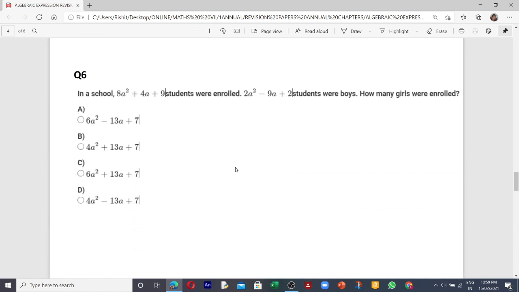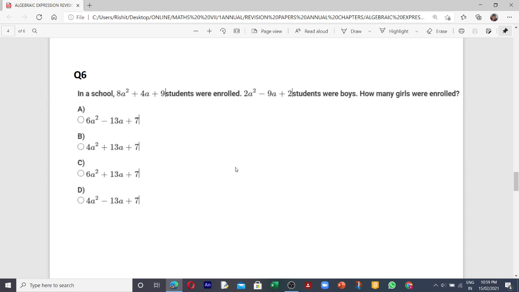Question number 6. In a school, 8a square plus 4a plus 9 students were enrolled. Means this much of children were there. 2a square minus 9a plus 2 students were boys.